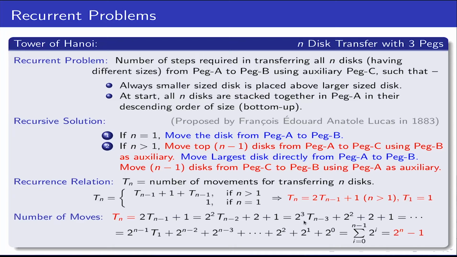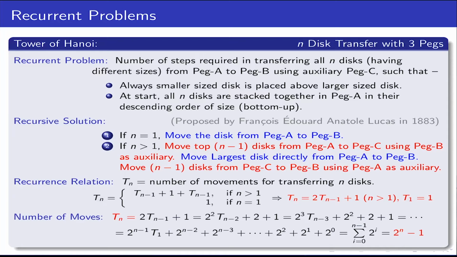So if you expand, it will be 2 cube Tn minus 3 plus a GP series of 2. And finally, if you go till T1, it will be 2 to the power n minus 1 T1, and this is just a GP series up to 2 to the power n minus 2. T1 is 1, so it's a GP series till n minus 1, and if you solve it, you will get 2 to the power n minus 1 number of transfers. So this problem you all know.